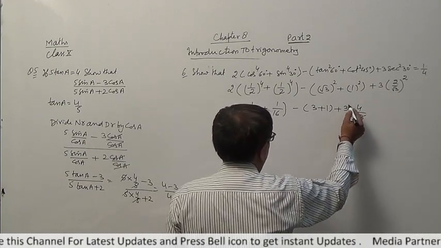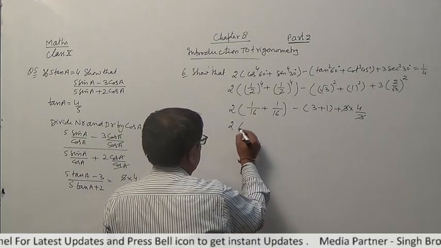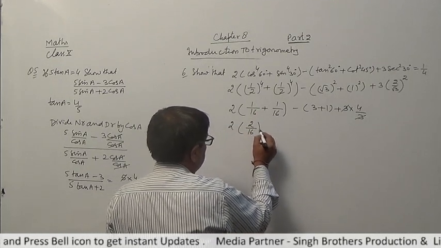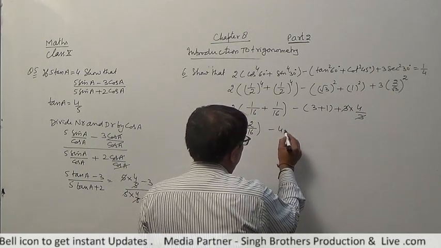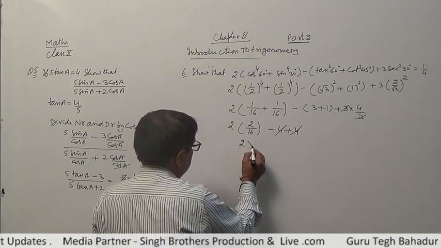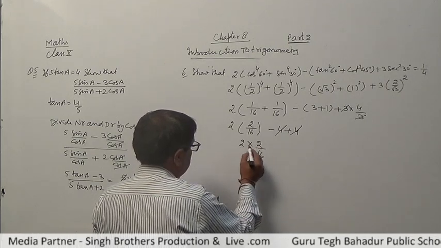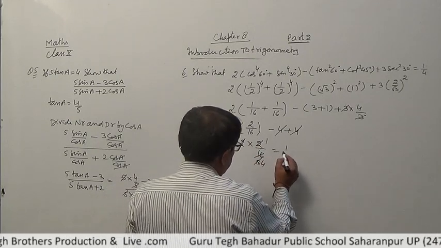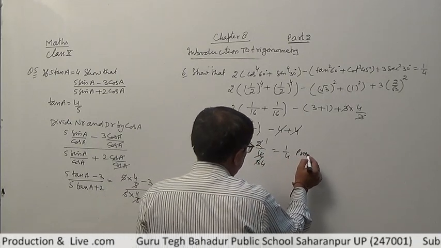The 3 and 3 cancel, it will be 1 upon 16 plus 1 upon 16, that is 2 upon 16. Minus 4 plus 4 cancel. So 2 upon 16 is 1 upon 4. Proved.